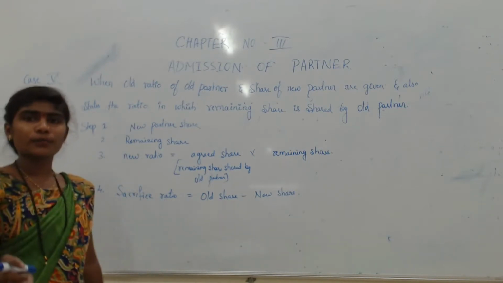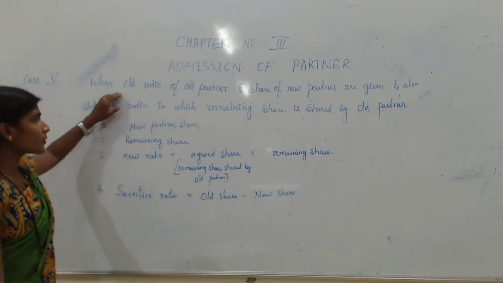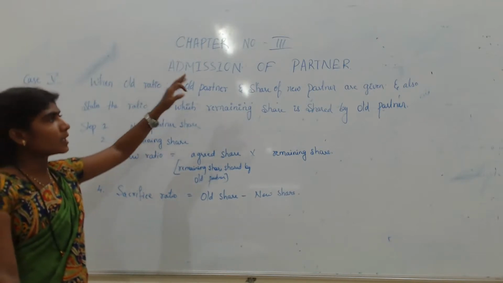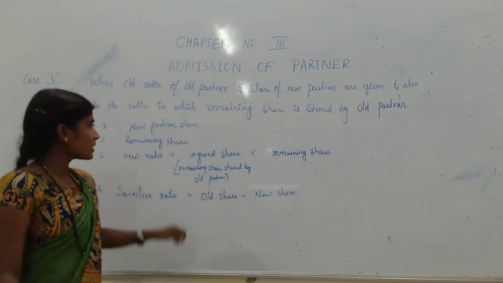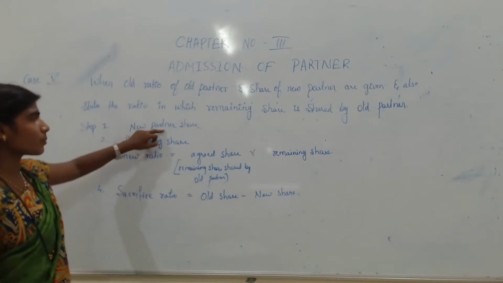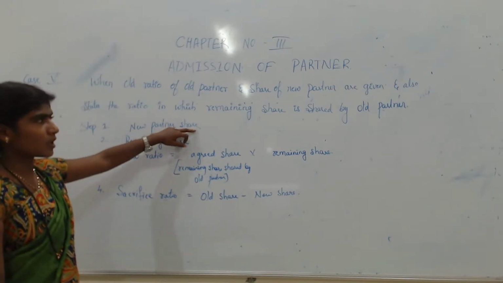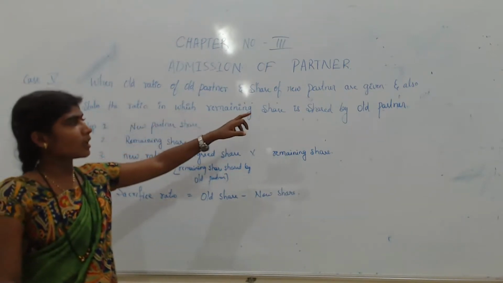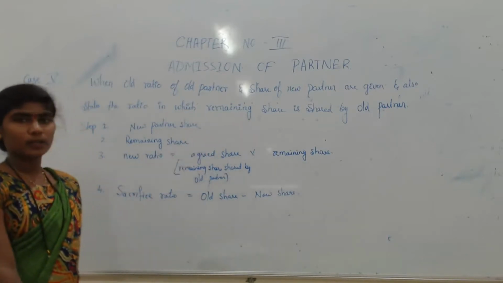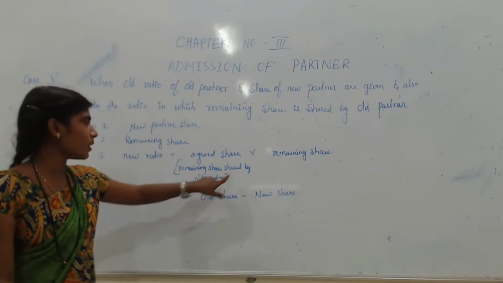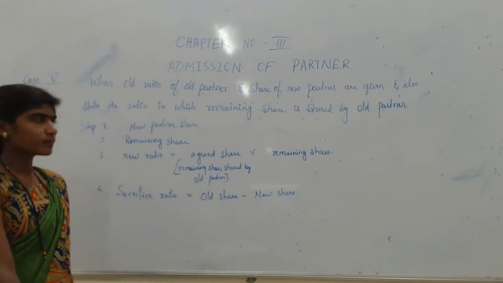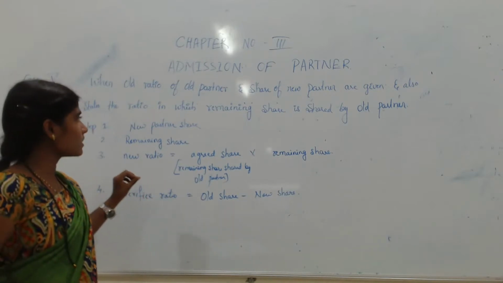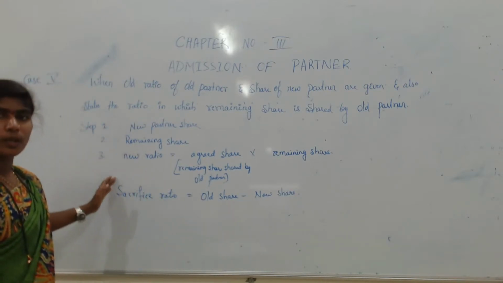In the 5th case, there is information of the old ratio of the old partner and the share of the new partner. Share of the new partner means the first step is filling in the new partner share. After that, it states the ratio in which the remaining share is shared by the old partners, which is the agreed share. So the 5th case includes 4 steps.